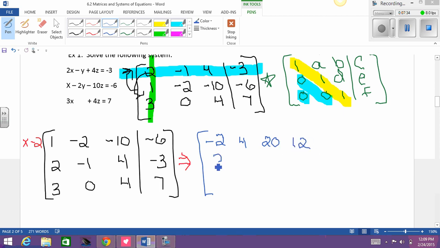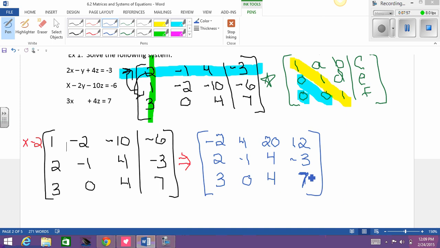And that second row stays: 2, negative 1, 4, negative 3, and then 3, 0, 4, 7. Okay, so all I did was multiply my first row through by negative 2.